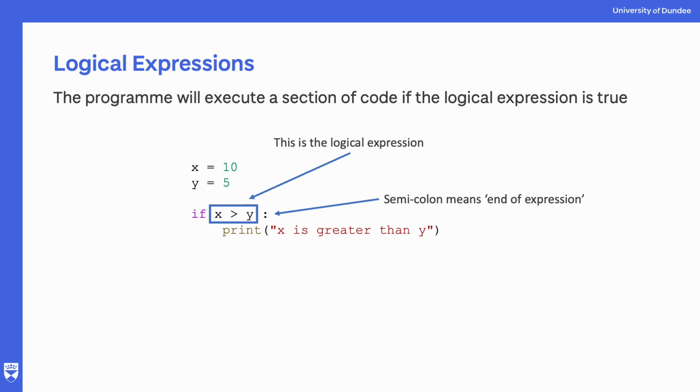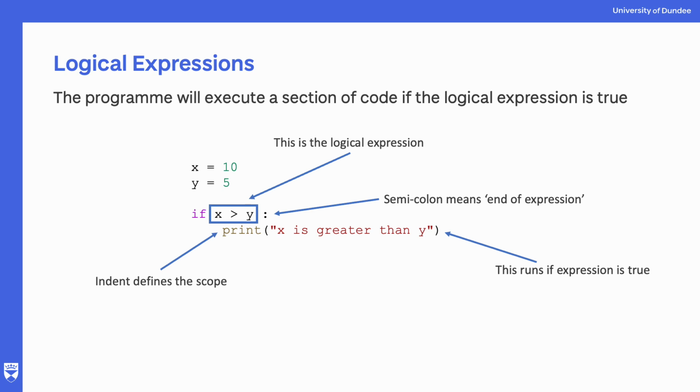The colon means that we've reached the end of the expression, so in this case we have only one thing to check, which is x greater than y. Then we have some code inside that runs if the expression is true. In this case, we're just going to print out exactly that, x is greater than y. Note that there's an indent there, and that indent is what defines the scope.